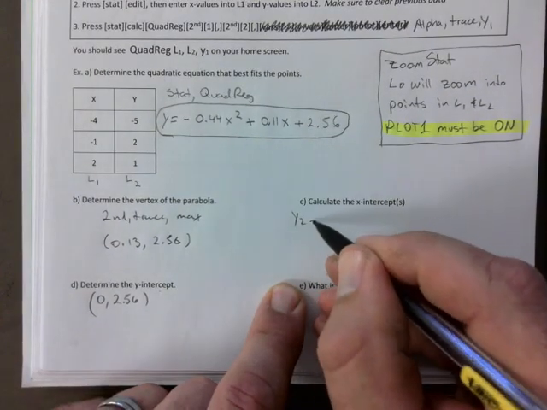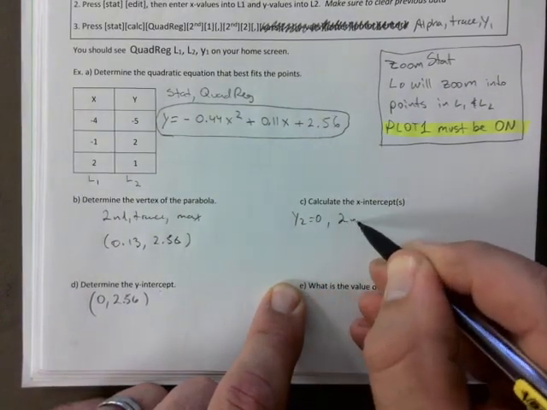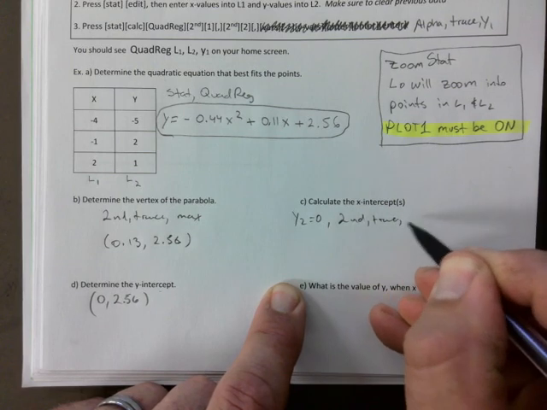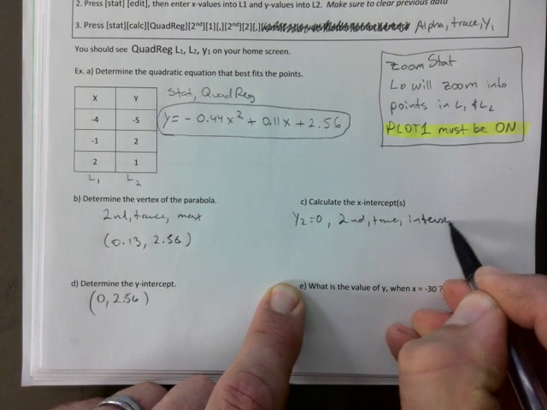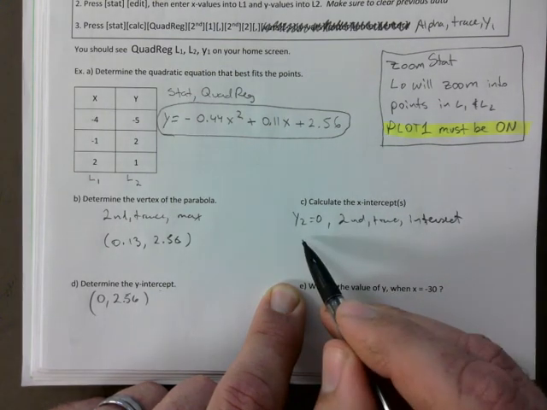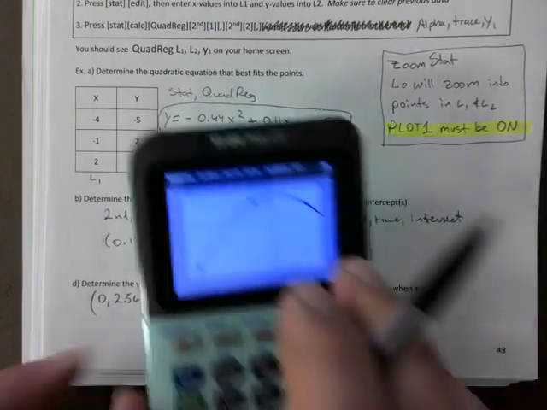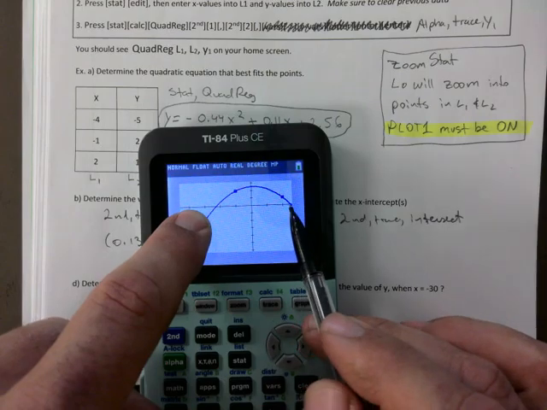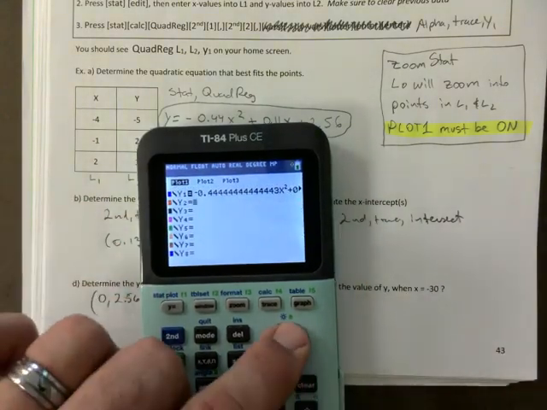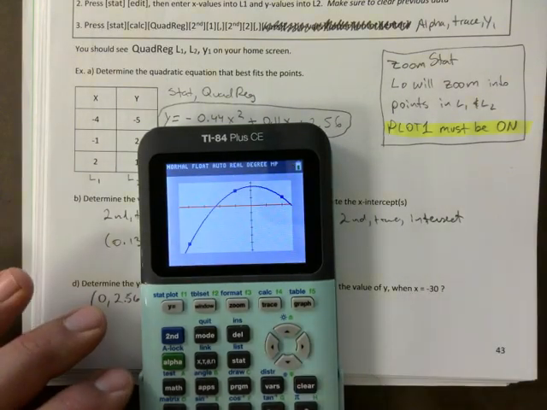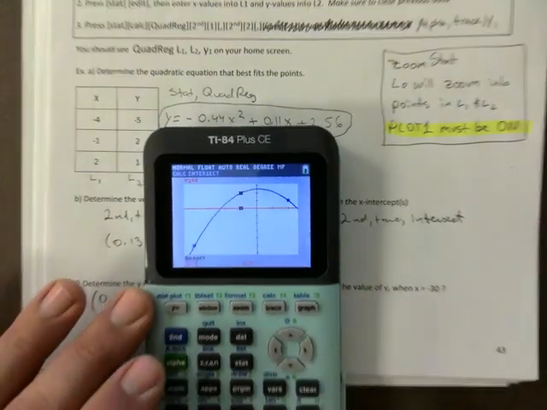Calculate the x-intercepts. You let y2 equal 0, and then you go second, trace, intersect. And there are two, right? You can tell on your screen that there are two intercepts. So why don't I show you that one at least? Graph, second trace 5, enter, enter, enter.